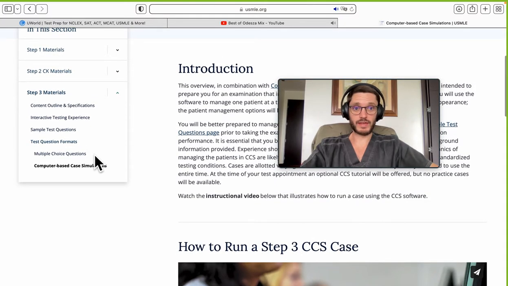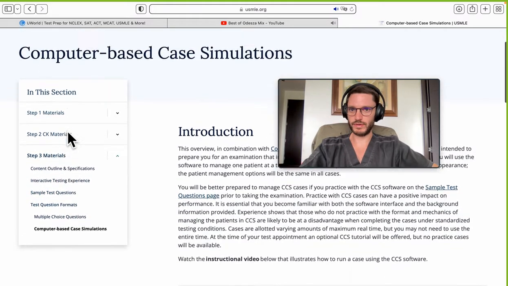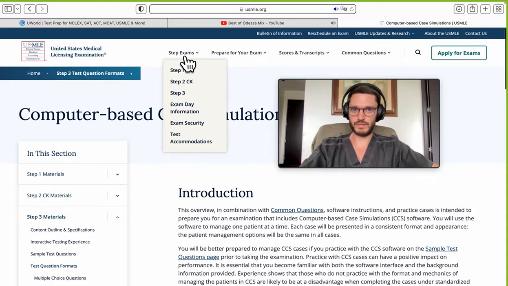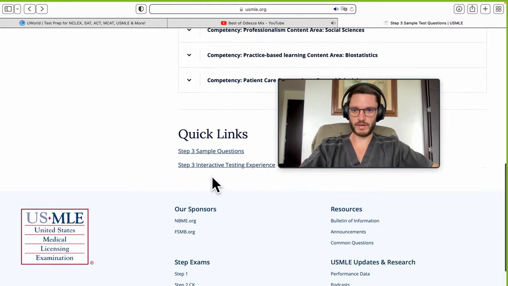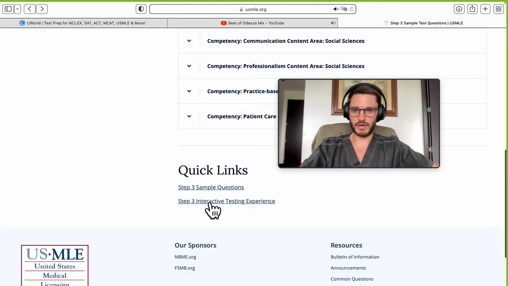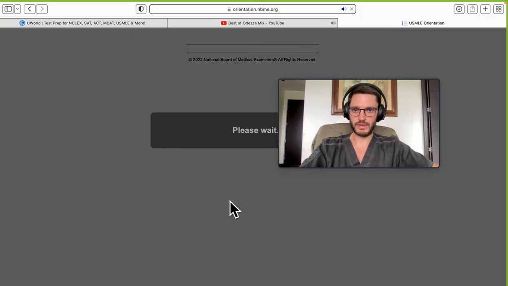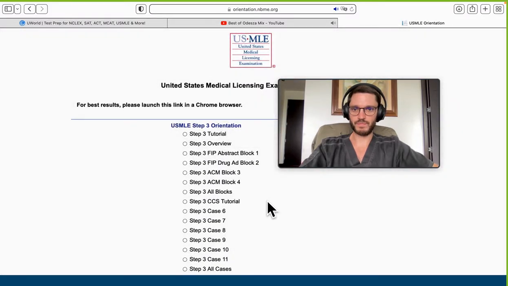This would be the second CCS case I am doing with my practice and studying, so as you can see, I have no idea what I'm going into. We're going to find that out. Interactive testing experience, yeah, it's right here.